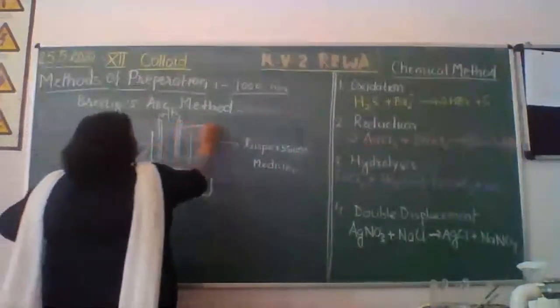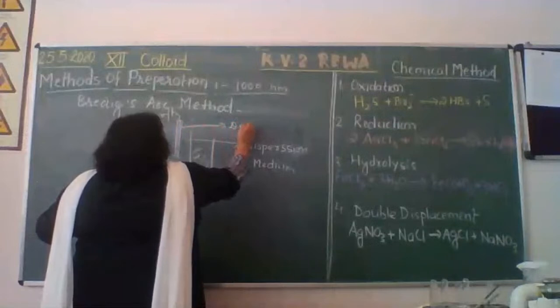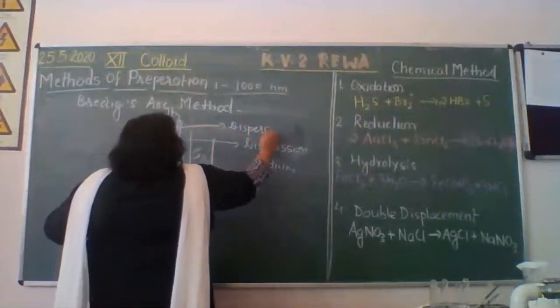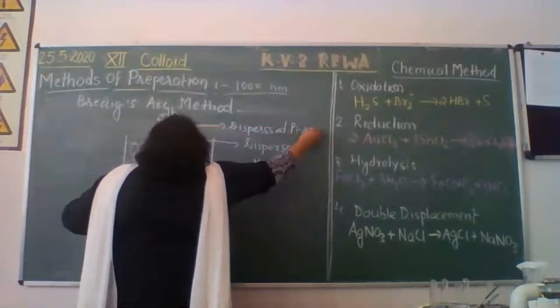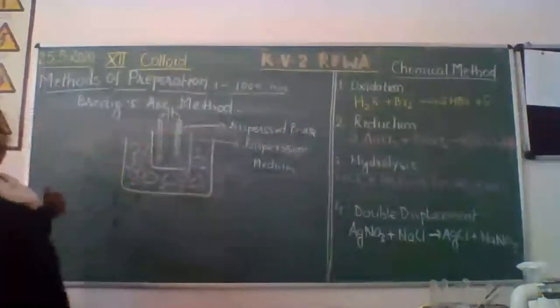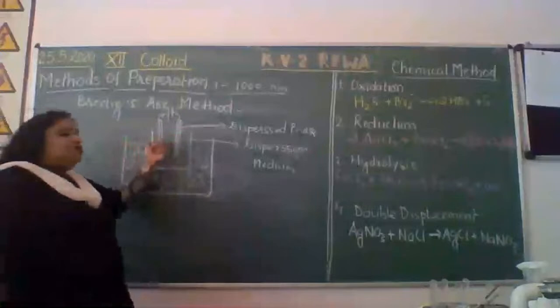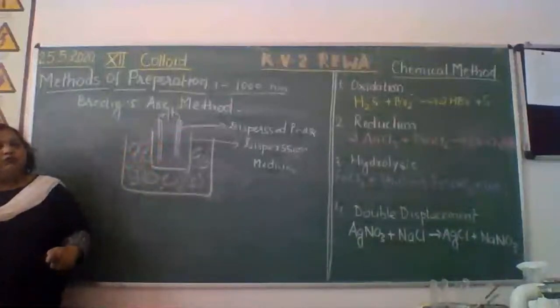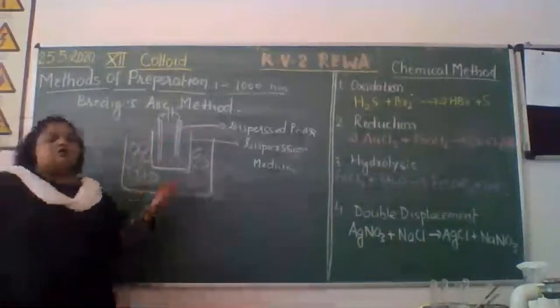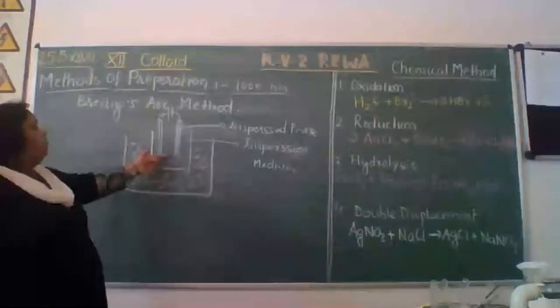The disperse phase you take as the rods, and both rods must be of the same metal. Please do remember, both the rods must be of the same metal, right?